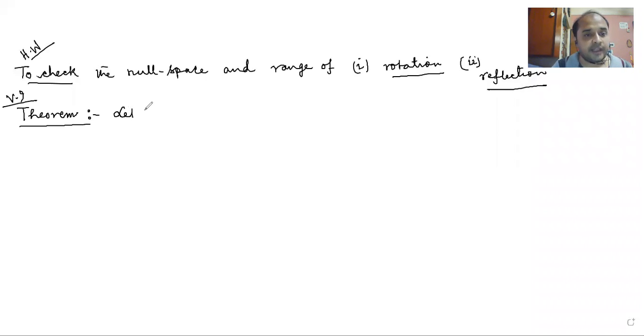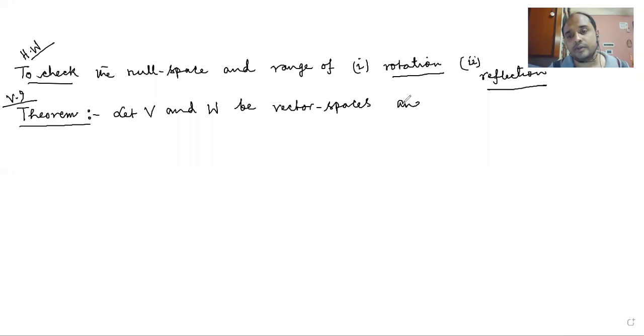Let capital V and W be vector spaces and let T colon V to W be linear.